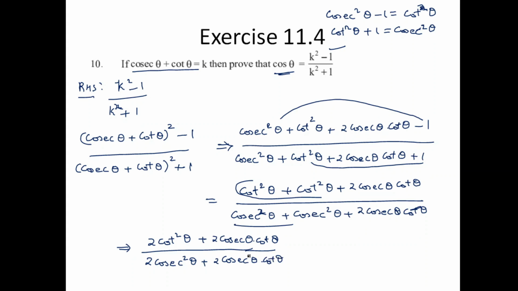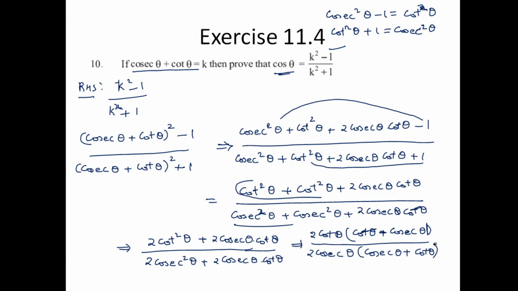So what can be removed out of these two? I can remove 2 into cot theta. If I remove cot theta, what is left out? Cot theta plus cosecant theta is left out in the numerator, and similarly what is left out in the denominator? 2 into cosecant theta, when I take this out, cosecant theta plus cot theta is left out in the denominator, right?